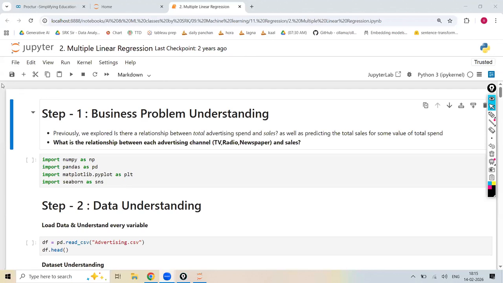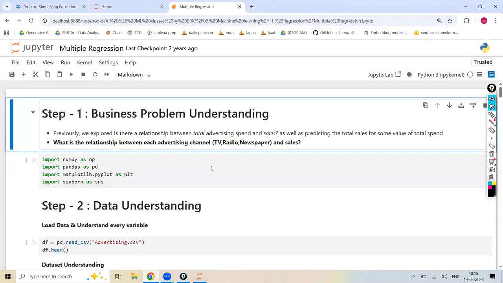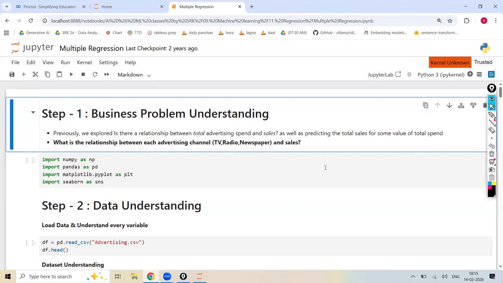I'm going to keep the heading as multiple regression project. In the multiple regression project and the simple regression project, the common thing is that all the steps are the same, and we are going to apply linear regression, non-linear regression, lasso, ridge, and elastic net regression.